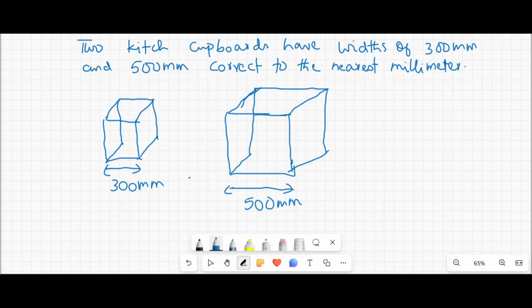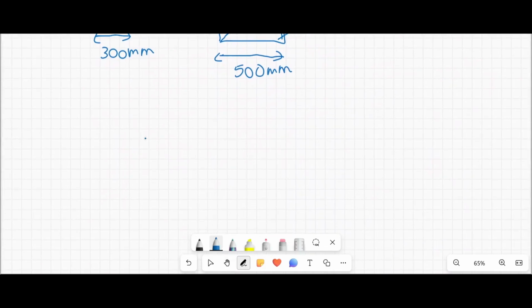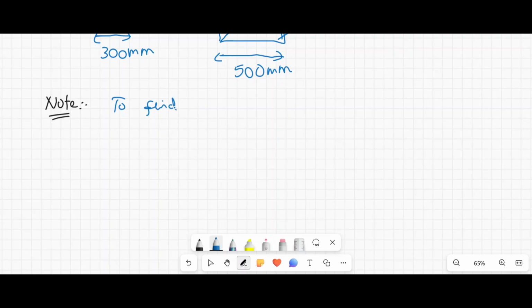First, note that to find the lower bound of a sum, we add the lower bounds of both.